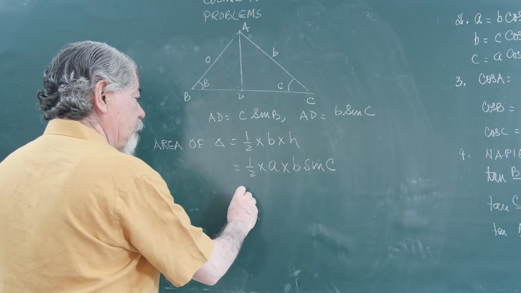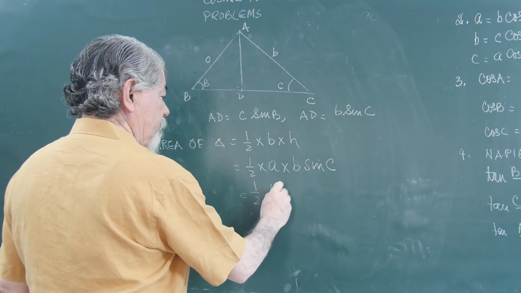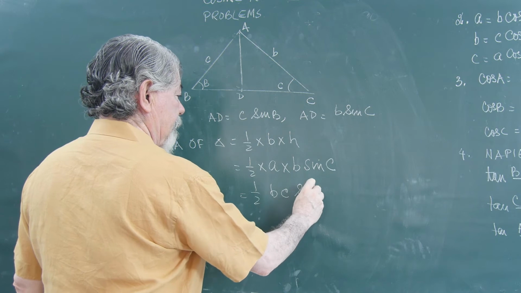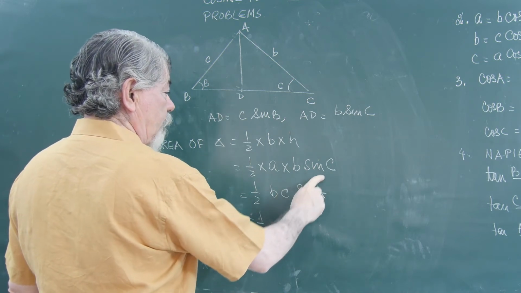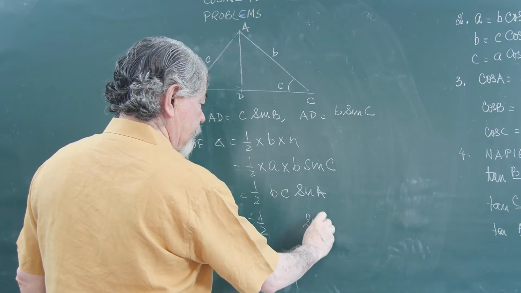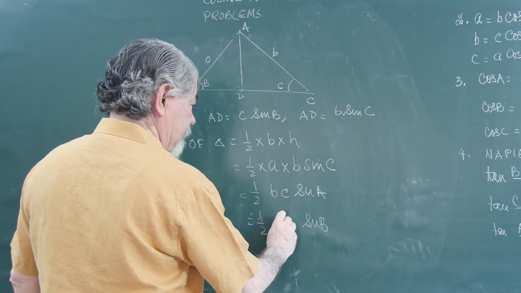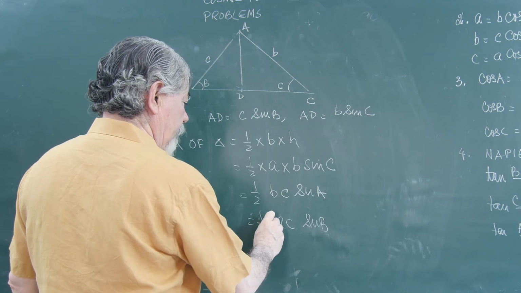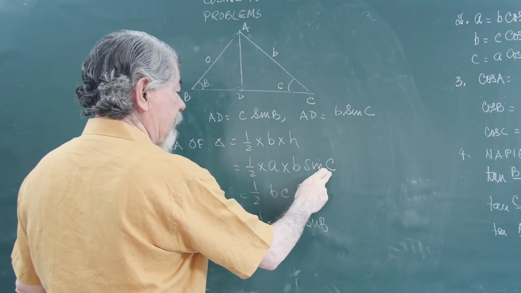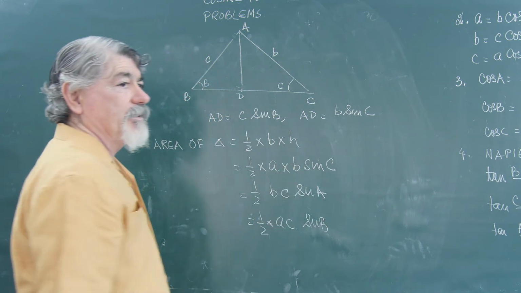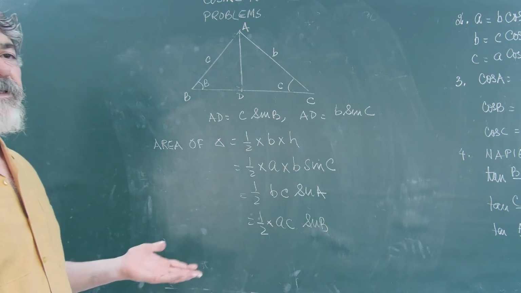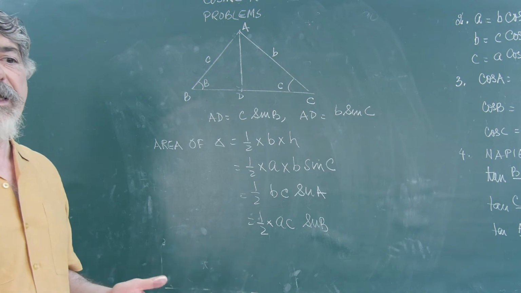It can also be equal to half bc sin A. It could also be half ac sin B. So half ab sin C, half bc sin A, half ac sin B, depending upon what is given to you and how we calculate it.